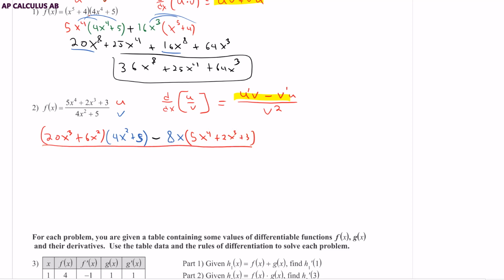And this is all over the denominator squared, right? So it's all over 4x squared plus 5 squared. And this one does say simplify as much as possible, so we're going to want to distribute these things and combine like terms, right?